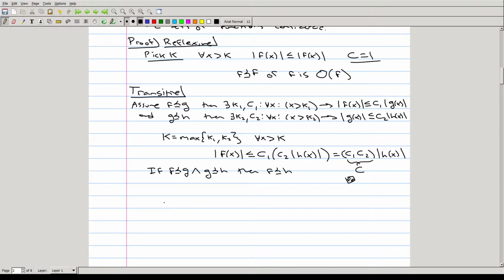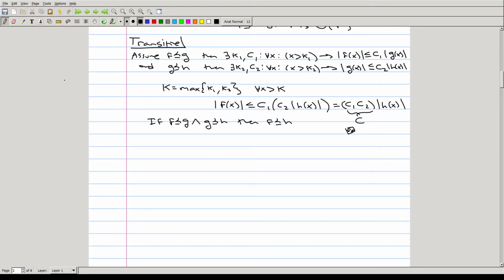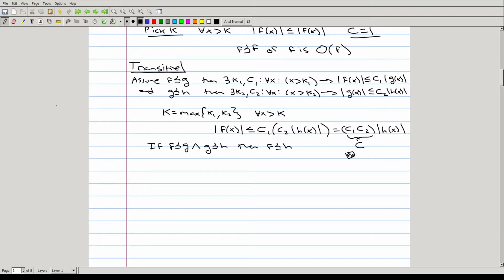So therefore, we conclude that we've shown both reflexivity and transitivity for this dominance relation, which is a really kind of cool and neat thing to see, that we can have relations on sets of functions.